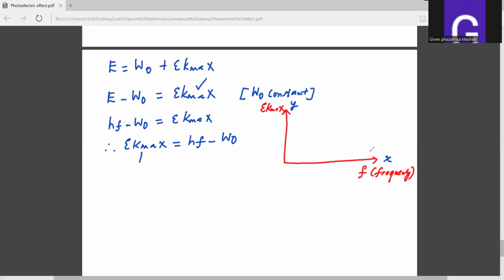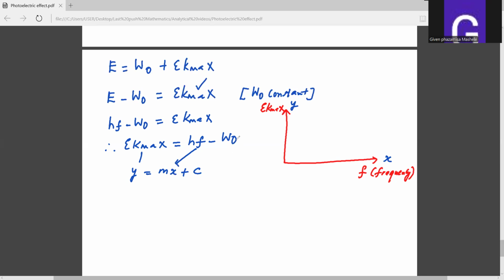It means that if we construct the graph, listen to me very well, this will be y equals mx plus c, which means my y here is the EK maximum. Then the x is my frequency.